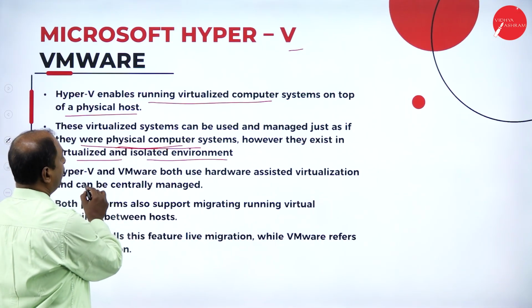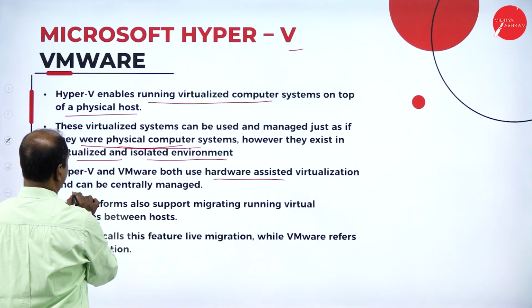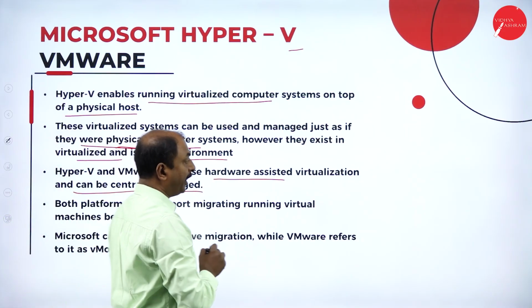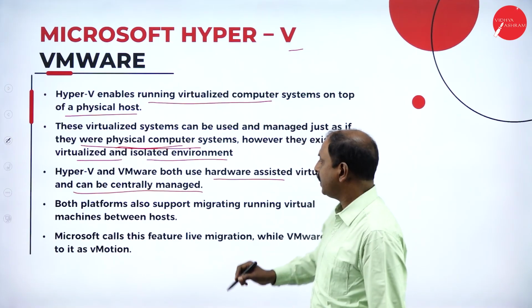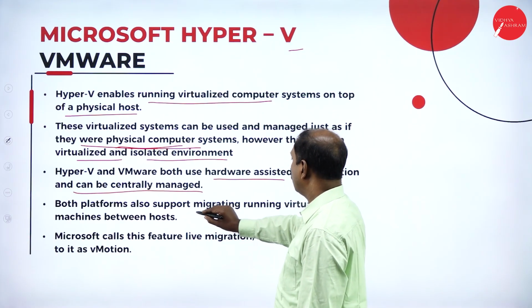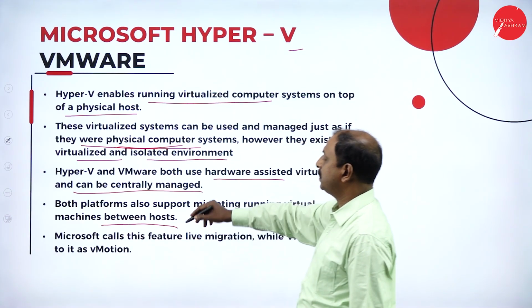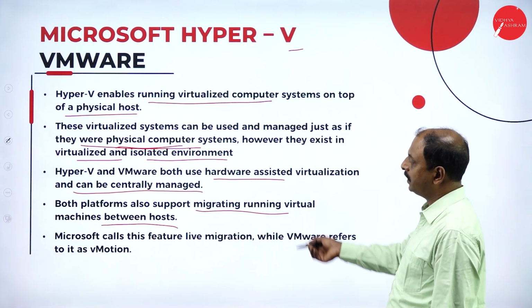Hyper-V and VMware both use hardware-assisted virtualization and can be centrally managed. Both platforms also support migrating running virtual machines between hosts, so it is possible to migrate from one system to another.